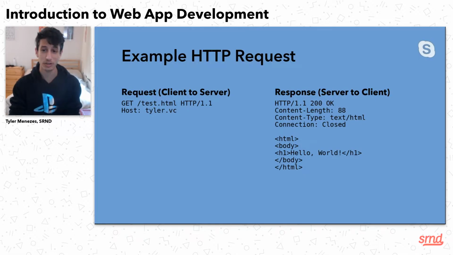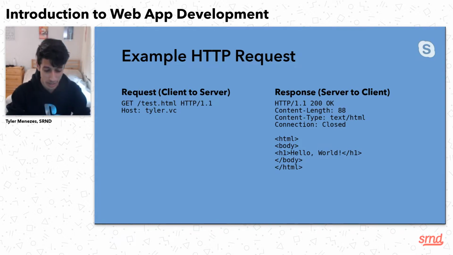So what does HTTP look like? Well, HTTP looks like this. We make a request. You can see GET /test.html HTTP/1.1, Host: tyler.vc. And we get a response, which is this stuff up here, HTTP/1.1 200 OK, Content-Length: 88, Content-Type: text/html, Connection: close.